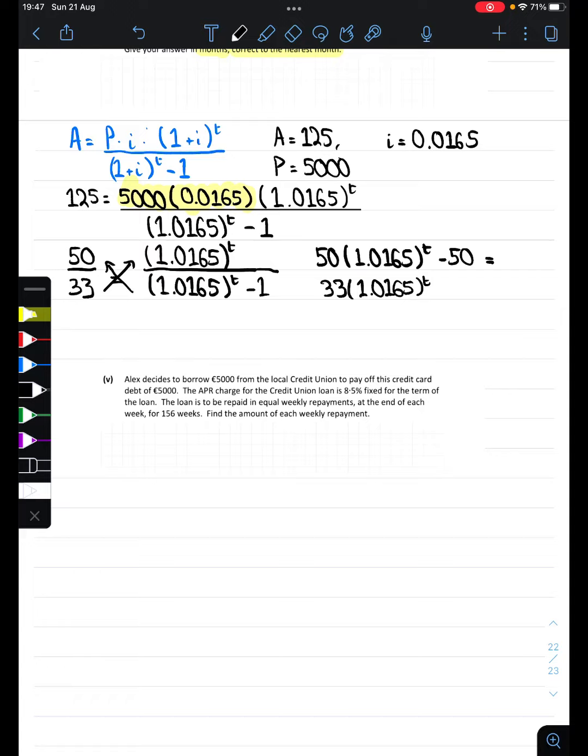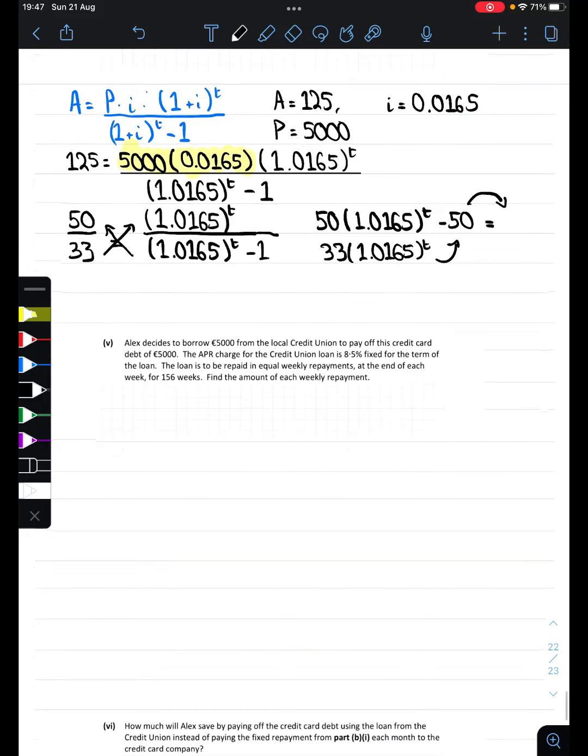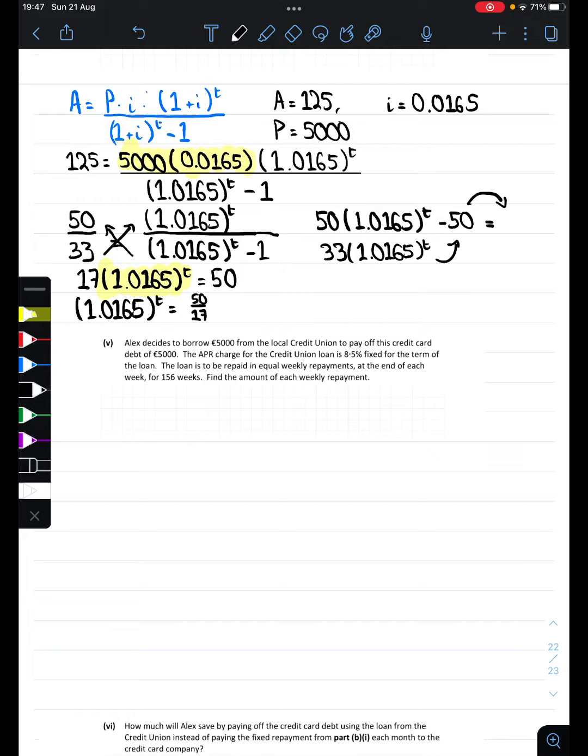Okay, so then if we bring the minus 50 over and then bring this 33 by 1.0165 to the power of t over, we'll end up with 17 by 1.0165 to the power of t equals 50. So 50 minus 33 by this term here, 1.0165 to the power of t. So then divide by 17. So we get 1.0165 to the power t equals 50 over 17.